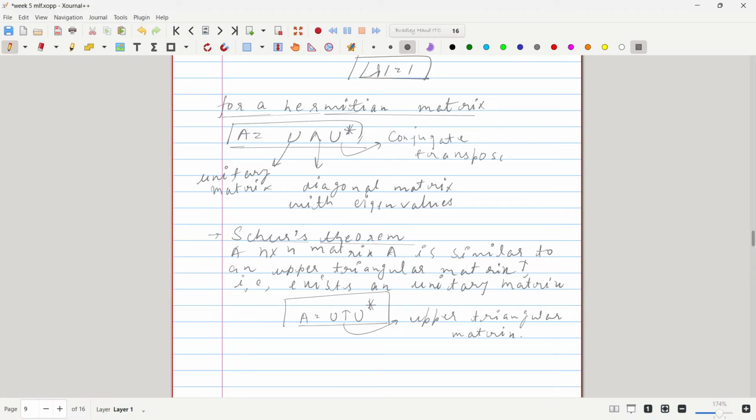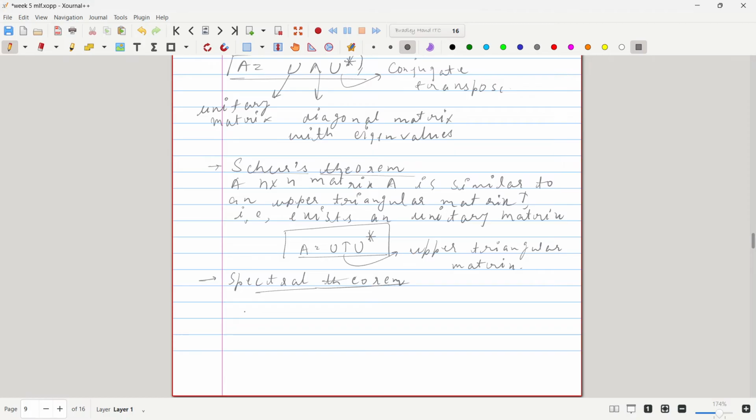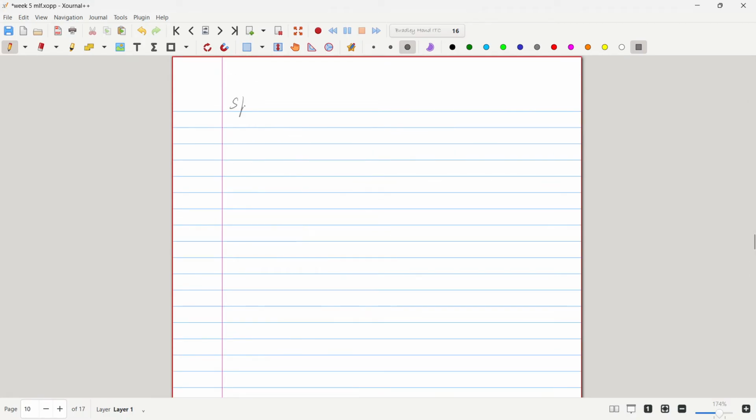Now, the final topic is the spectral theorem. The spectral theorem states that any symmetric, or you can say Hermitian, matrix can be diagonalized.